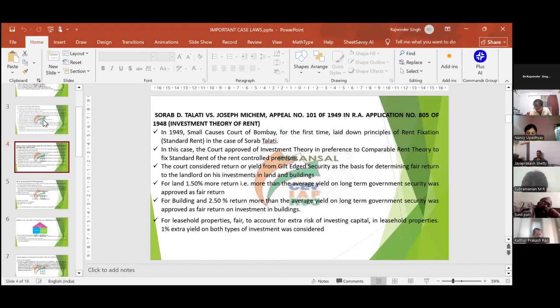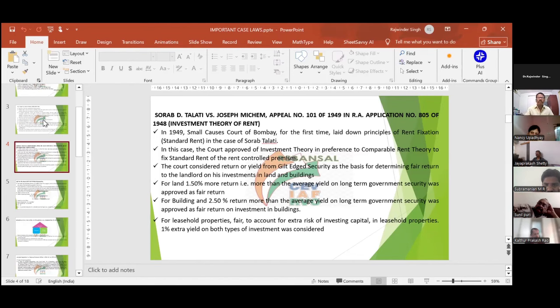So whenever there is anything related to the investment theory or comparable rent theory or standard rent, it all deals with Saurabh D. Talati. What it says is that, first of all, it gives the calculation of standard rent on the basis of investment theory of rent instead of the comparable rent theory.